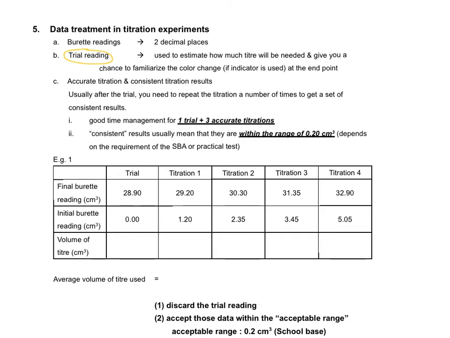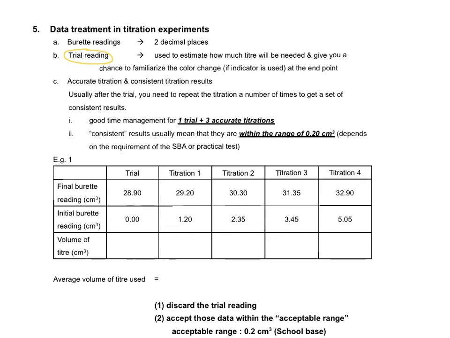The results of this trial should not be used in calculation. The trial is just like a rehearsal or a warming up exercise for us to know what would happen during the course of titration. For example, what will be the approximate volume of titrant needed to reach the endpoint, and what is the color change at the endpoint.